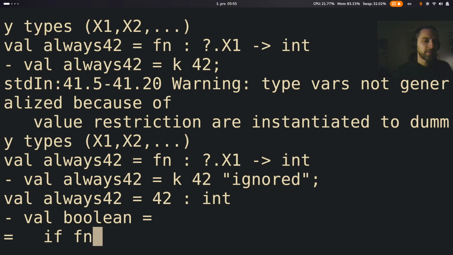If fn... no, if true... yeah, it would be interesting because it gives us the first argument.